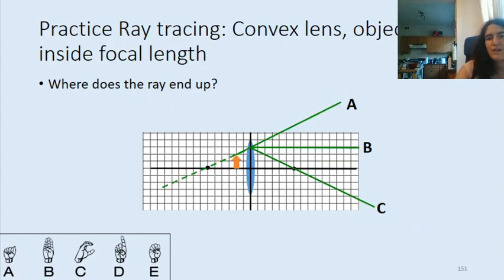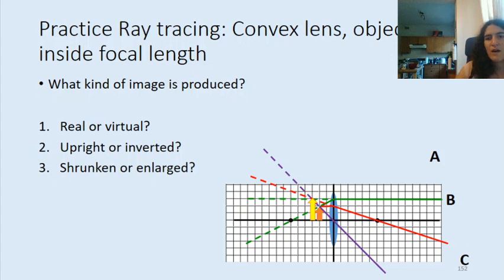Okay, let's do another one. Where does this light ray end up? Okay, so now this is a light ray that looks like it's coming from this focal point, so it should come out the other side parallel. So I think it's B.